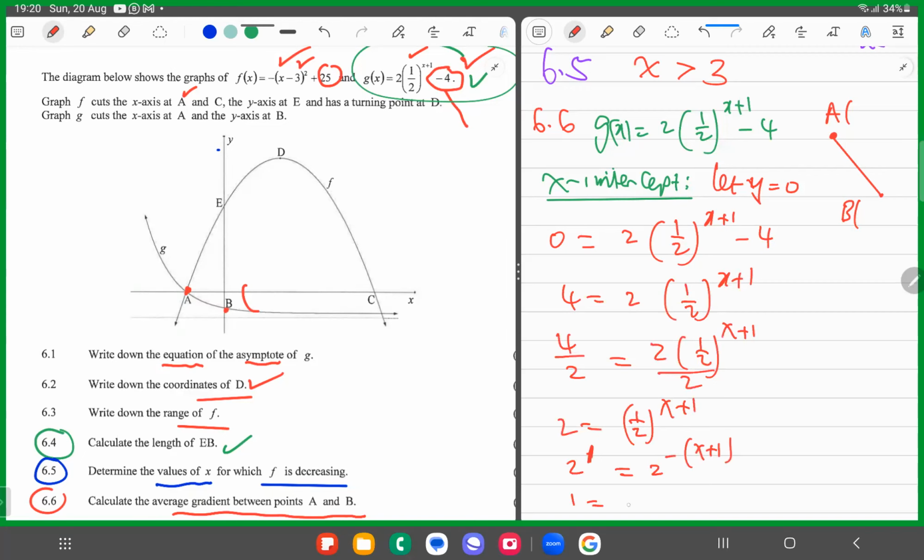Which means 1 is minus x plus 1, so 1 is minus x minus 1, which means that x is equal to minus 2.